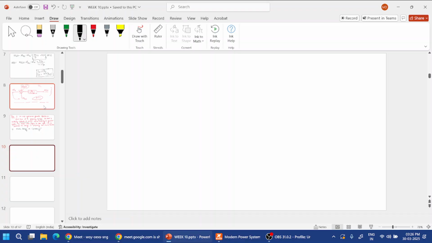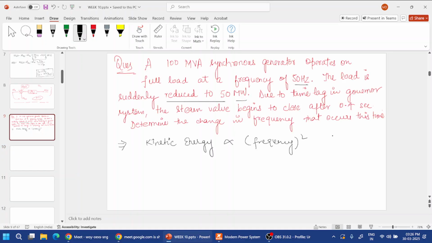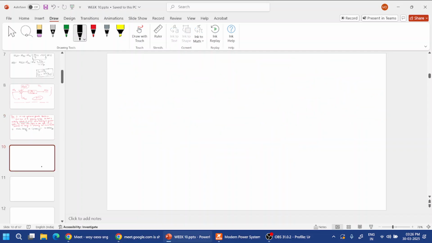Initially, H is given as 5 kilowatt second per kVA of the generator. So first is the kinetic energy stored in the rotating part of generator and turbine.